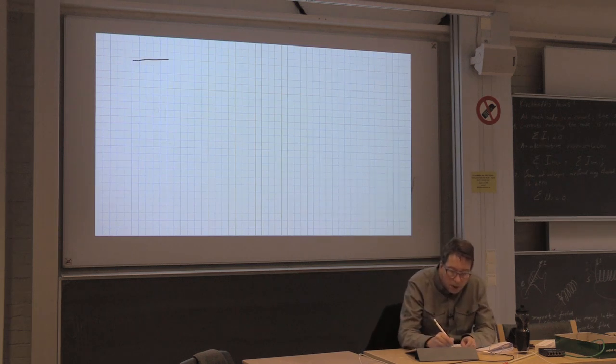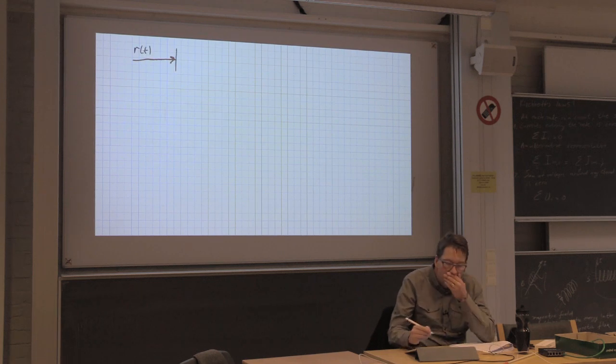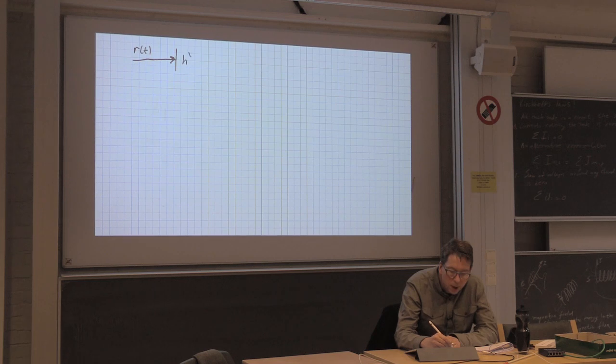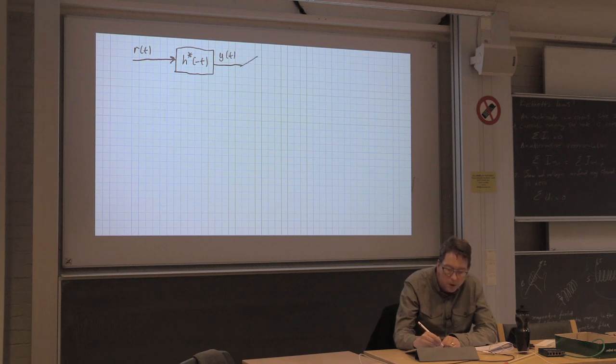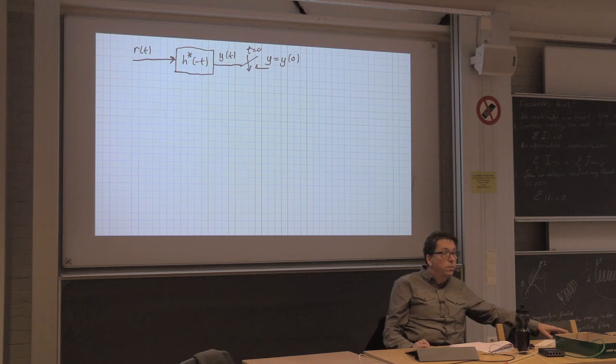So we have input r, and we have an impulse response which is h conjugate of negative t, like this. Then we have an output, let's call it y, which we sample at time 0 to get a number which we call y, which happens to be y, the continuous time signal evaluated at time 0.